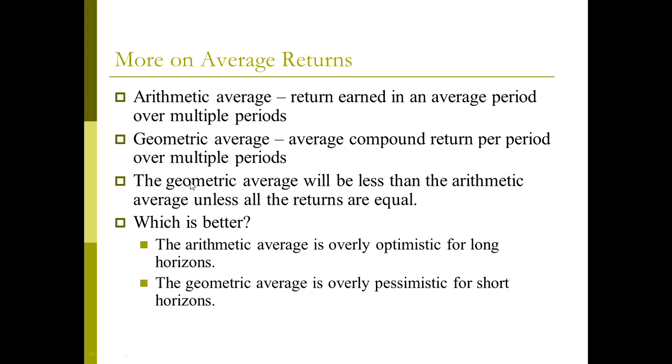Most of the time, geometric average return will be less than the arithmetic return, unless all the returns are equal. So which one is better? Arithmetic average return is very simple to calculate, but it's overly optimistic or overvalues the returns. The geometric average return is overly pessimistic for the short-term horizon.